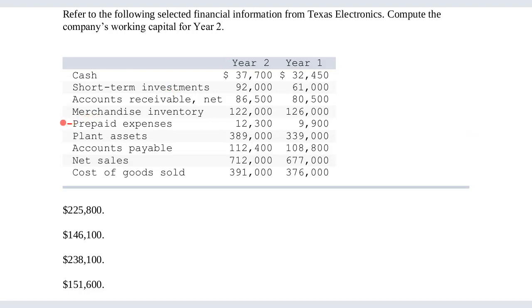Prepaid, correct. So all these are our current assets, okay? Current assets. And this is long-term, that's why it's not included. And we only have one current liability. So if we were to add these amounts and then subtract our accounts payable, that will be our working capital. So what amount did you guys get for year 2 for working capital?